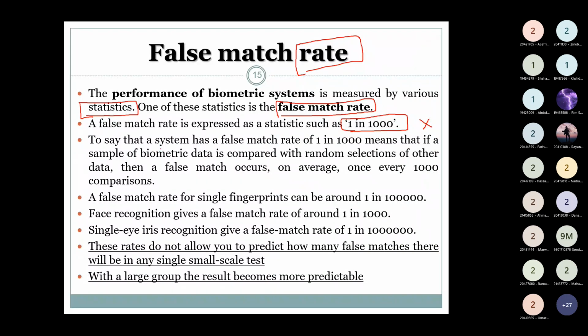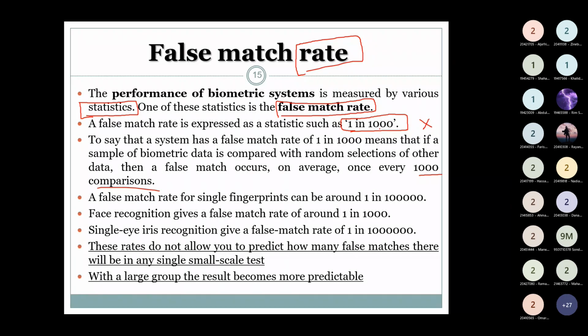To say that the system has a false match rate of 1 in 1,000 means that if a sample of biometric data is compared with random selections of other data, then a false match occurs on average once every 1,000 comparisons.